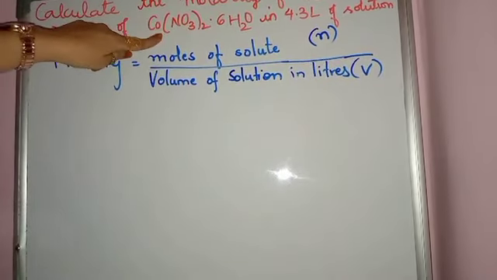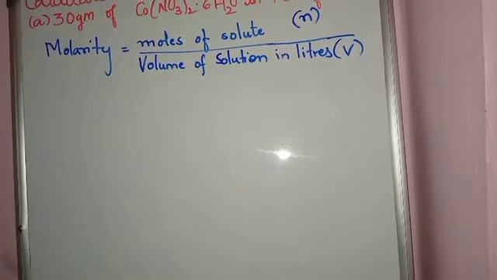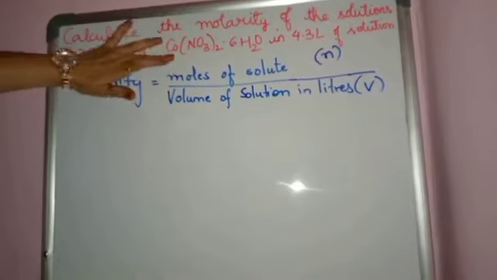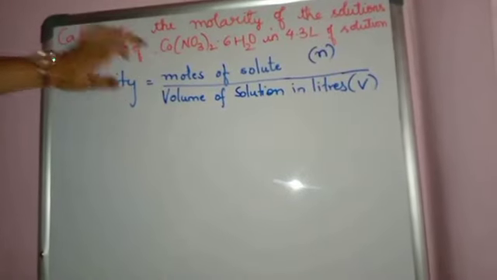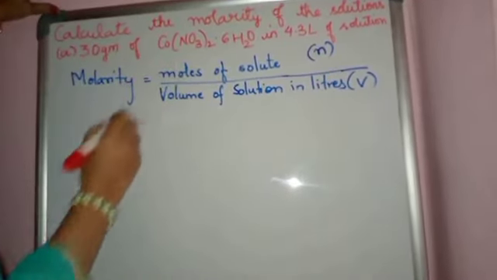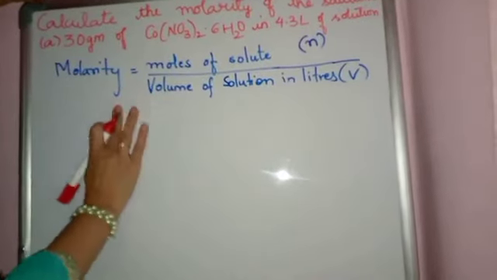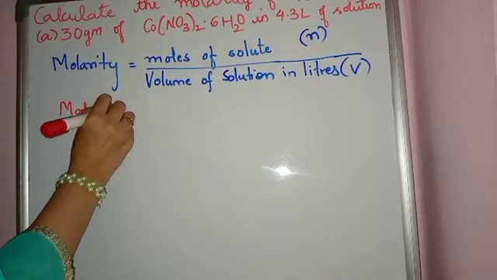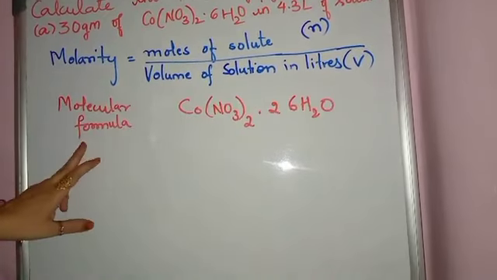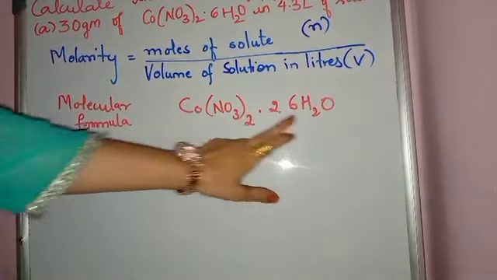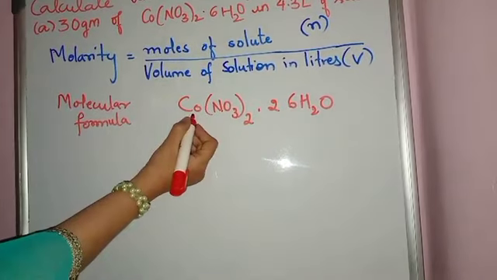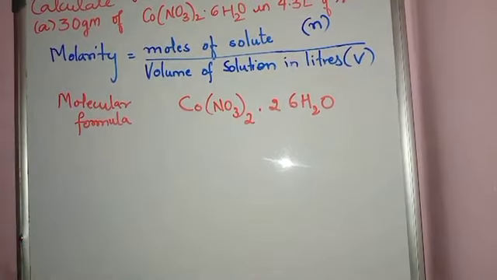Do not forget that. Now it is given 30 grams of hexahydrate cobalt nitrate. First of all we will find out the molecular formula of this substance, the solute. Now what is the atomic weight of cobalt?